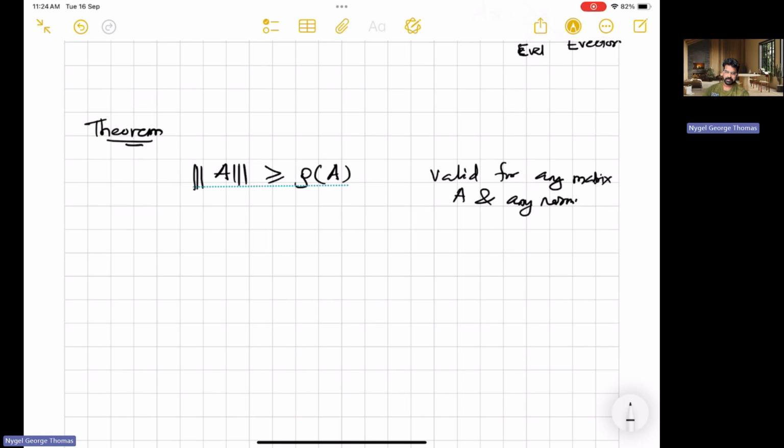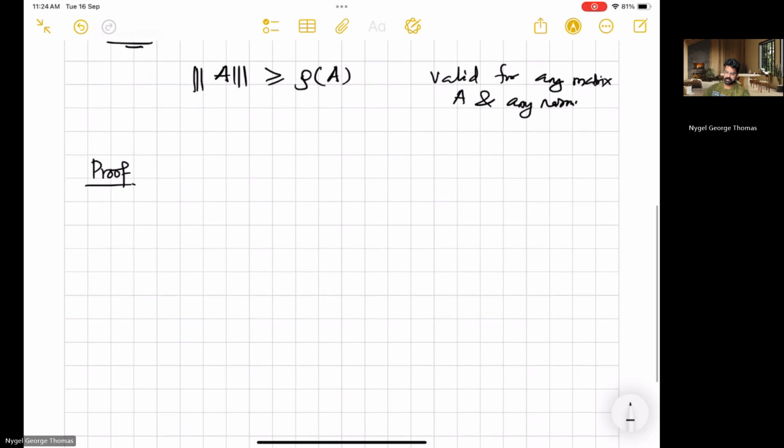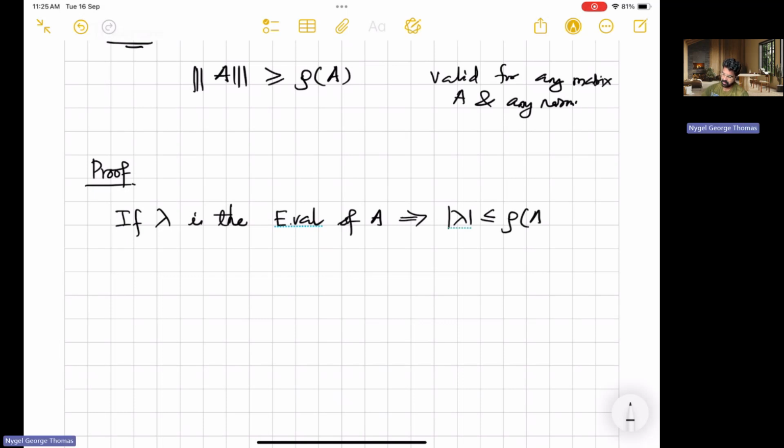So how do we prove this? If lambda is an eigenvalue of A, this implies the modulus of lambda is always less than or equal to rho of A. Why is this true?